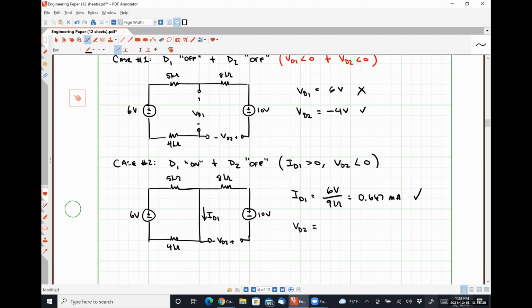So -10 minus VD2 is equal to 0. So VD2 had to be -10, doing KVL around the right-hand loop. That guess was also good. So diode 1 being on and diode 2 being off is the correct set of states for our diodes.